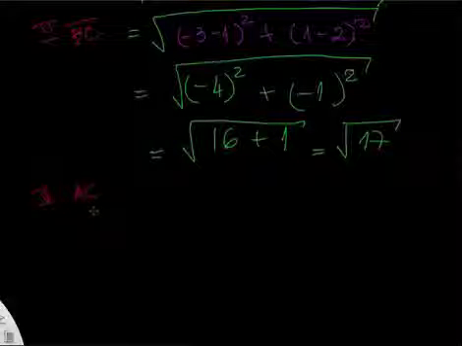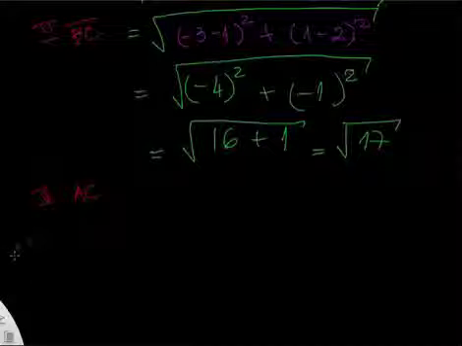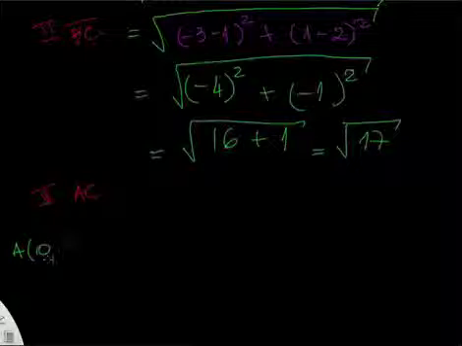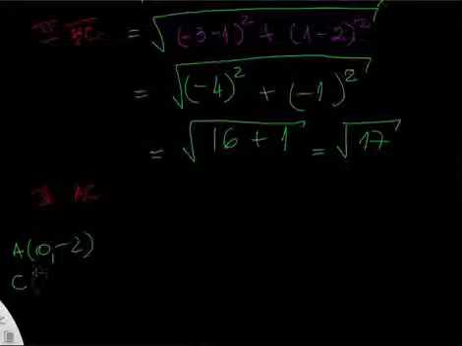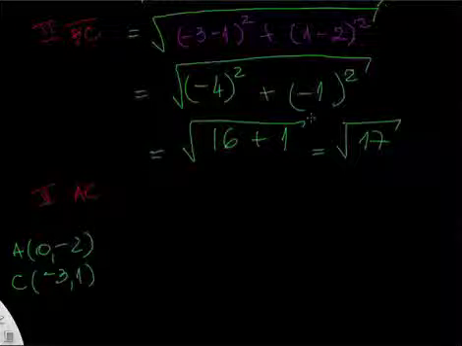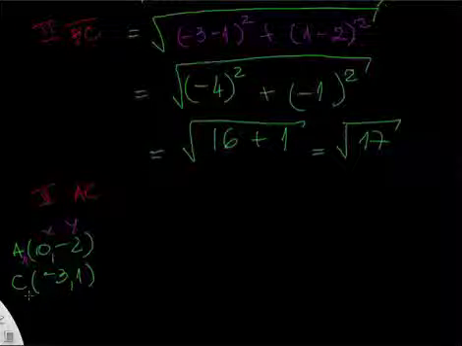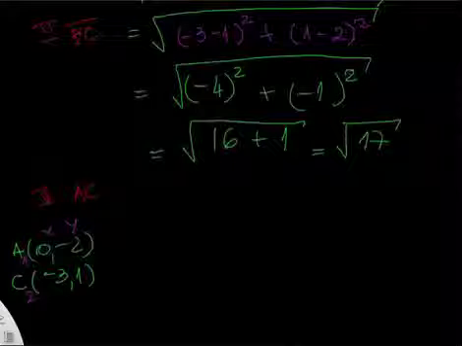We say that the point A is our first point. You don't see it here, so I'm going to write the coordinates of each one. A is 0, negative 2, and C is negative 3 and 1. Okay, let's do it.